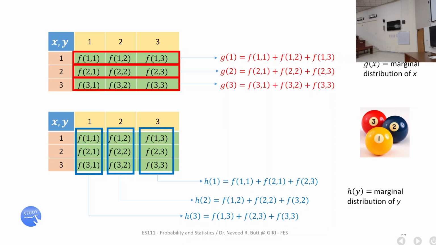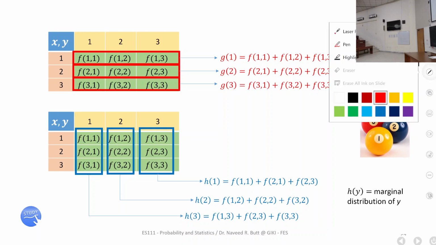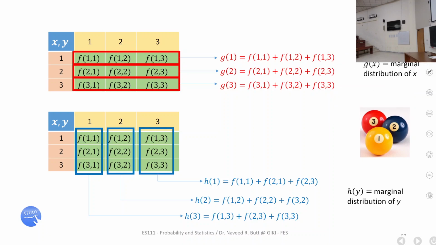If you want to derive your probability here, what's the probability that the first ball shows 1?